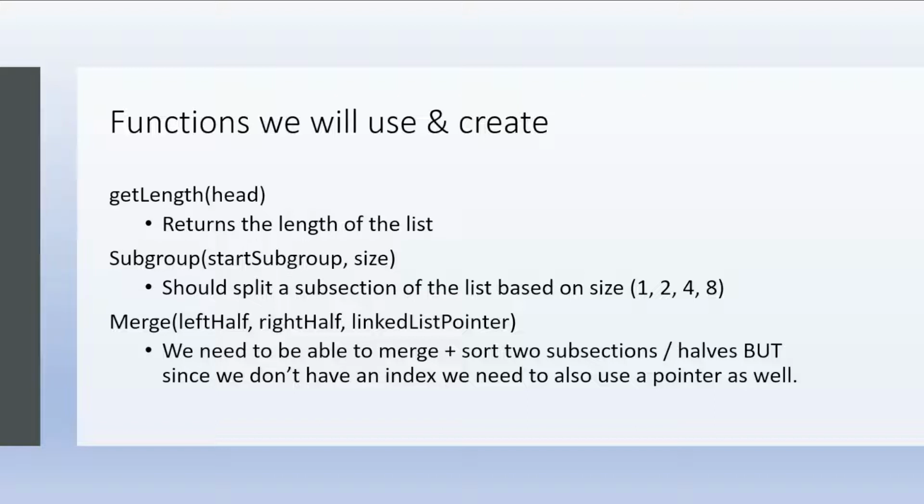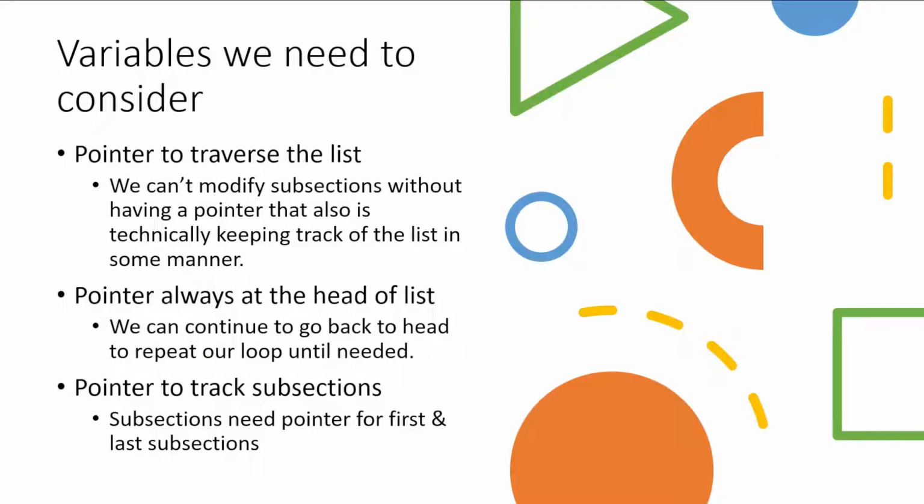But since we don't have any kind of index, we need to have a way that we can add it to the list without affecting its location. So we need to have that linked list pointer. If that's not very clear, I think once we go through some examples and explain the logic a bit further, it should make a little bit more sense.